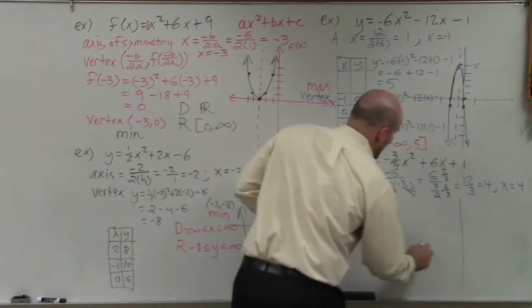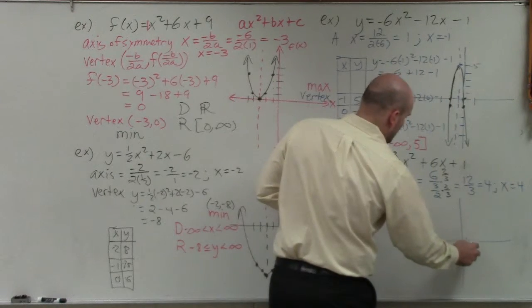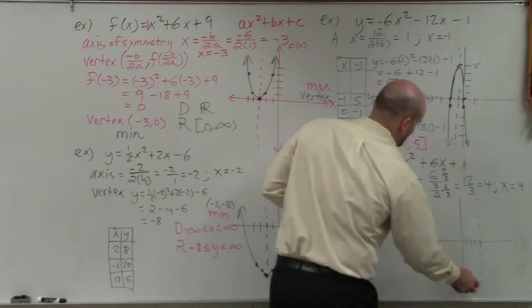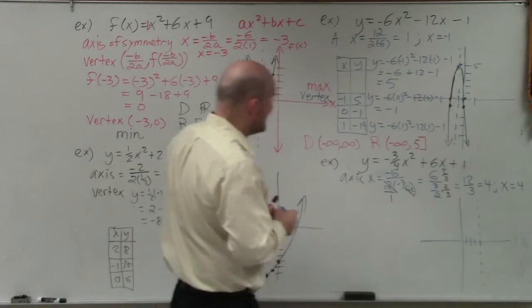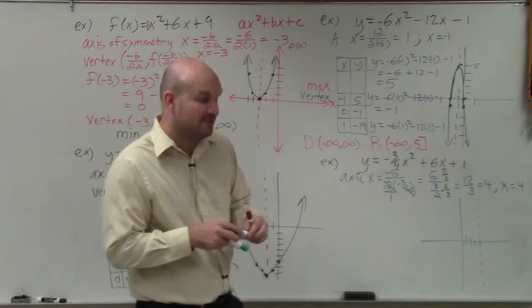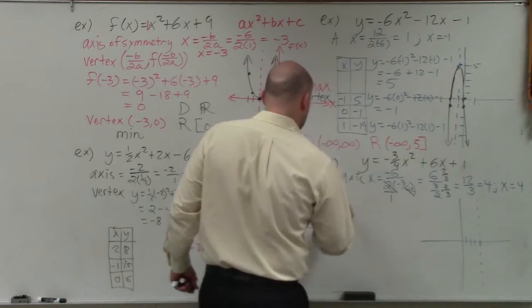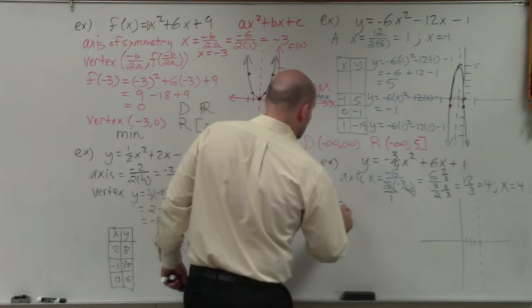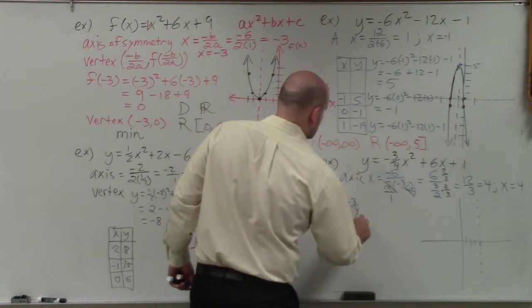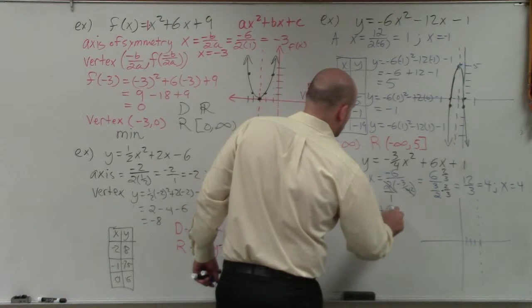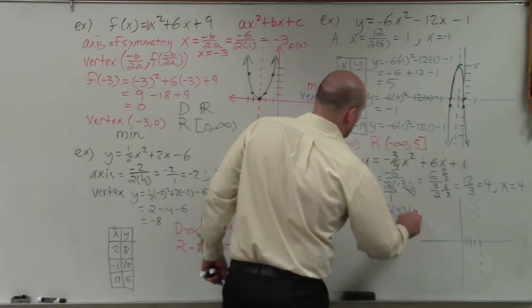So going to my graph here, I'm going to go over 4. 1, 2, 3, 4. I'm going to create a nice little dashed line. All right, so to find the vertex, again, now I need to plug in that x value into the equation to find my y value. So I'll have y equals negative 3/4 times 4 squared plus 6 times 4 plus 1.